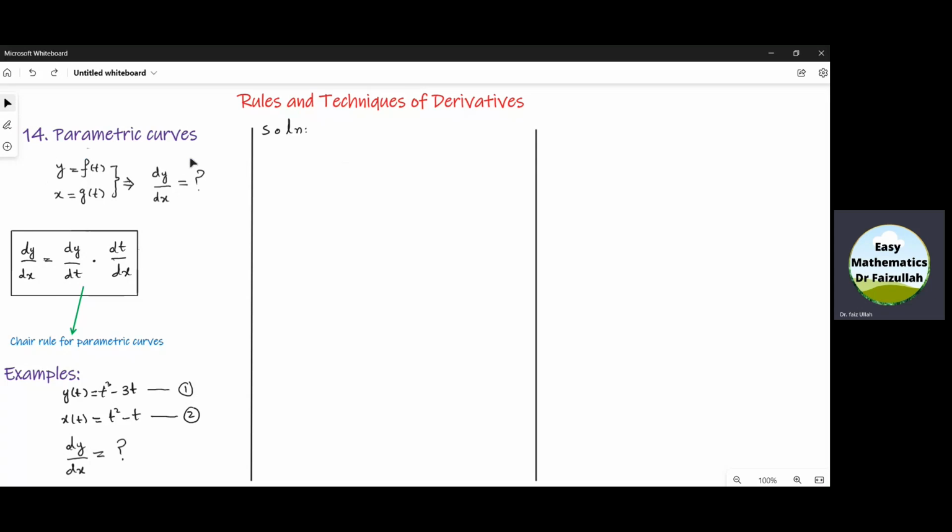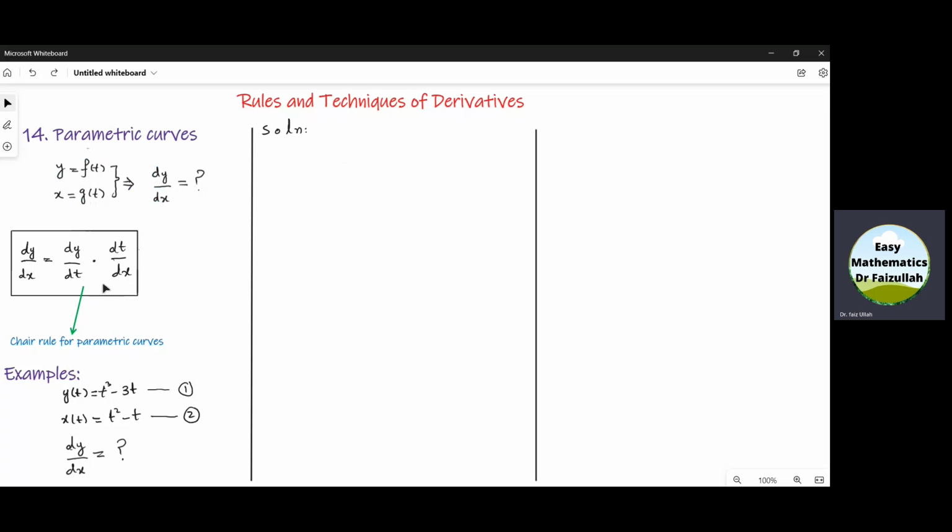Differentiation of parametric curves. Sometimes we are given y as a function of some other variable, which may be t, theta, u, etc. Similarly, x will be given as a function of another variable, and we need to find the value of dy by dx.